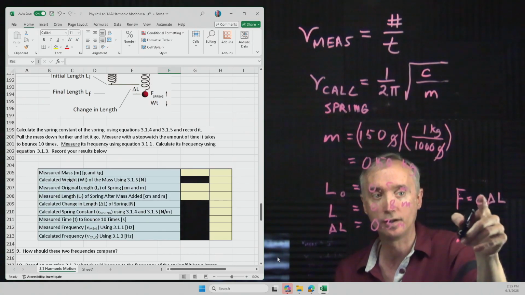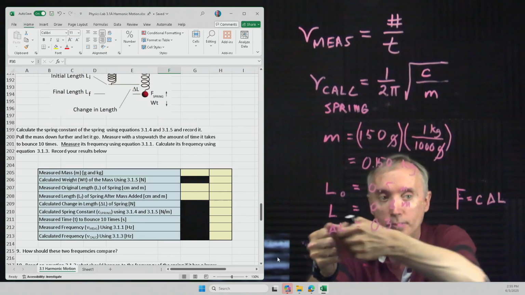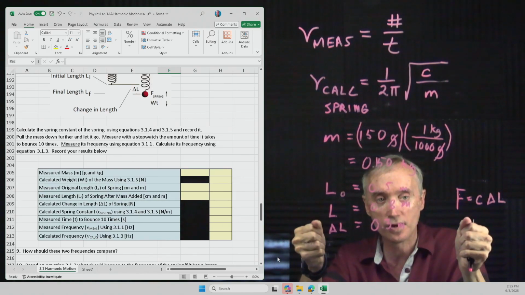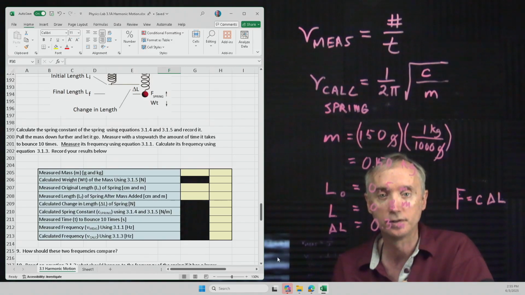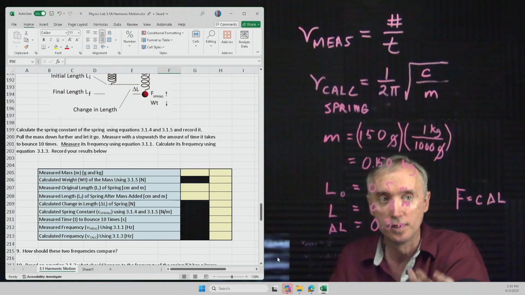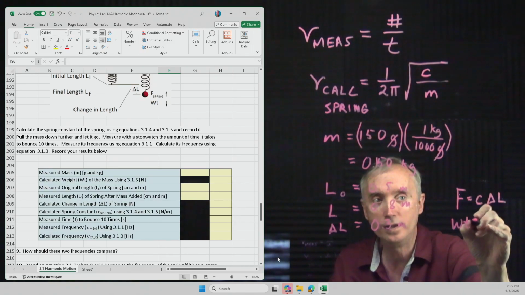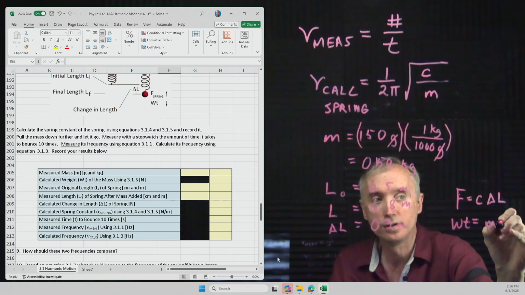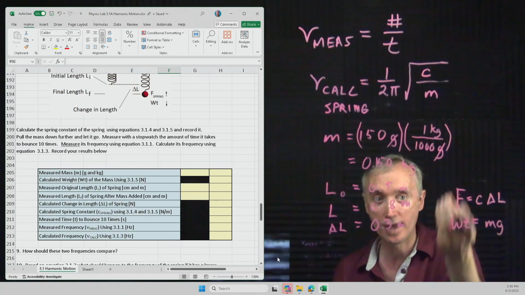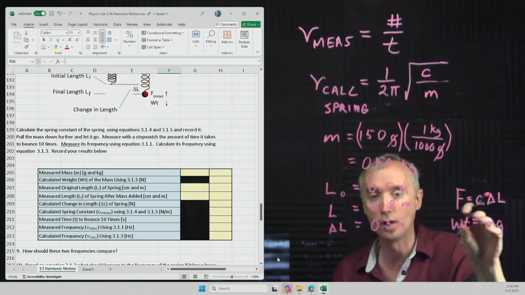So this is our formula. If you pull it this way, the force is going to try to pull it back. Now, what is causing it to stretch? It's going to be gravity. The gravity is pulling down on the spring, so that force is the weight. The weight of an object is mg, where m is the mass that you're hanging from the spring, in kilograms, and then g is that 9.81 thing.